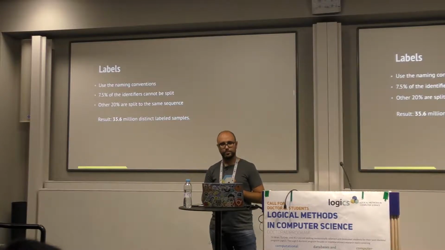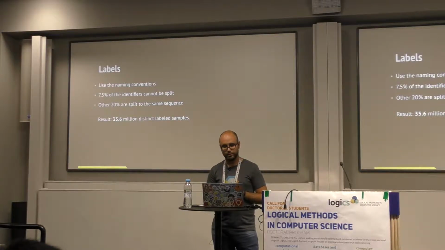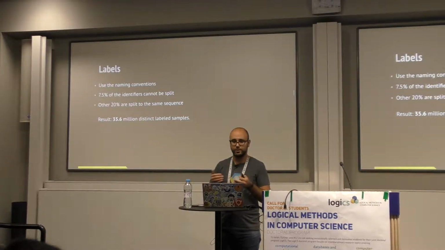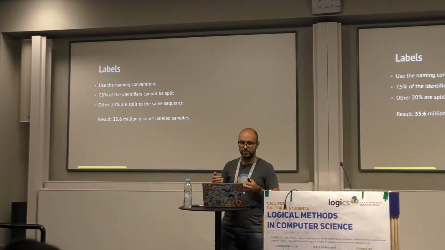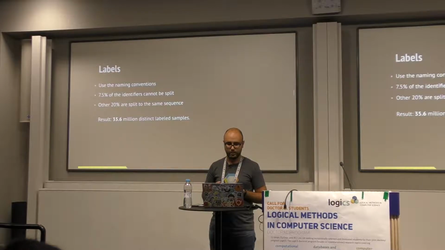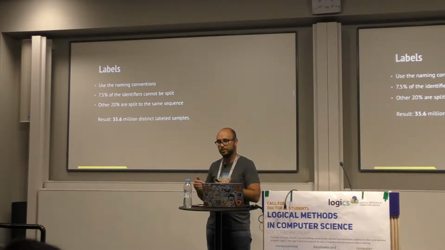Then we split them. And a bit more than 7% are not splittable. It means it's just a single part. We cannot do anything with them. It doesn't mean that those identifiers are necessarily bad. Of course, they're not. But it's just a single part. We cannot use them as labels. So we throw them away.